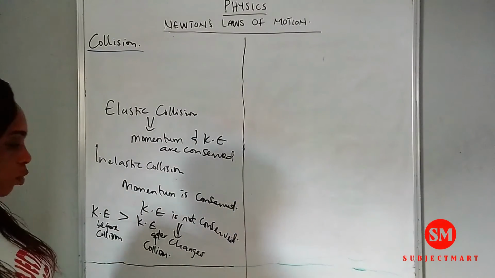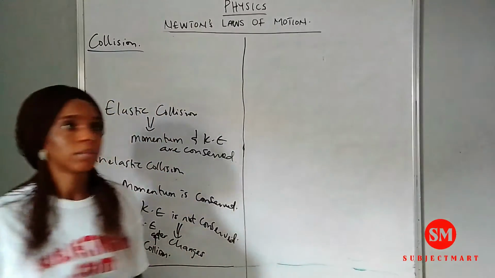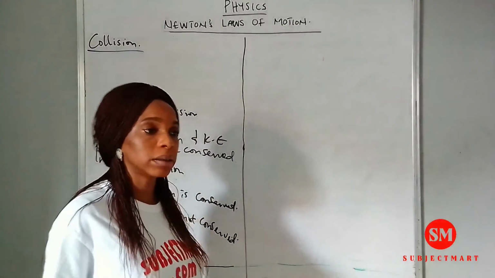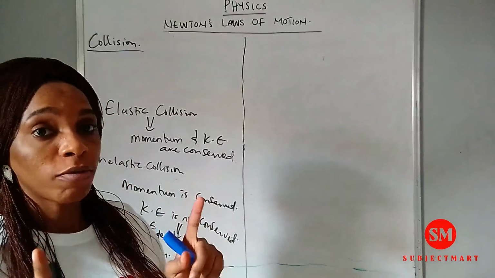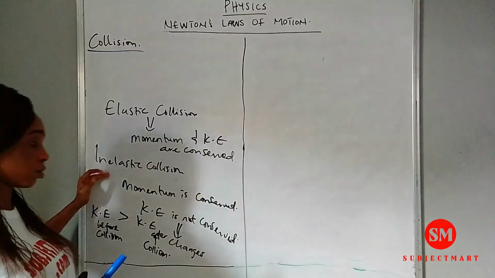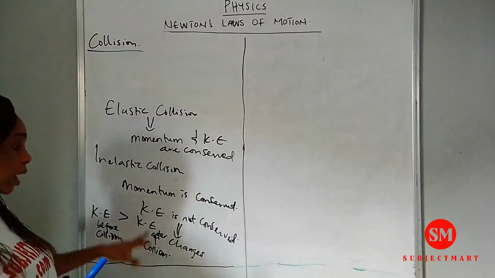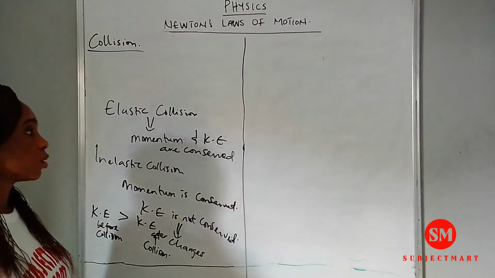So, when two bodies come together, collide, and after colliding they share a common velocity, then you should know we are talking about inelastic collision. That means their momentum is conserved, but their energy is not.